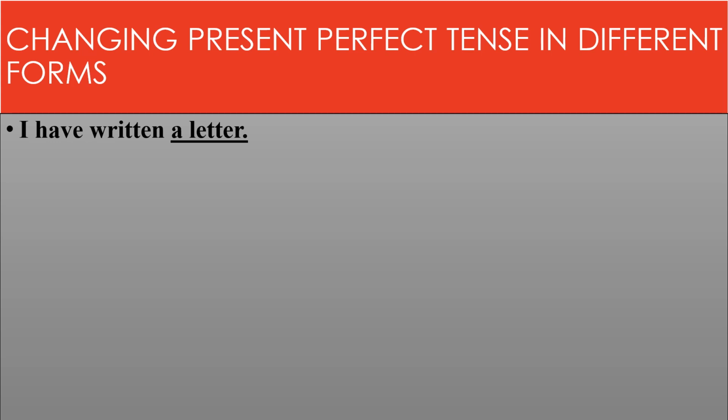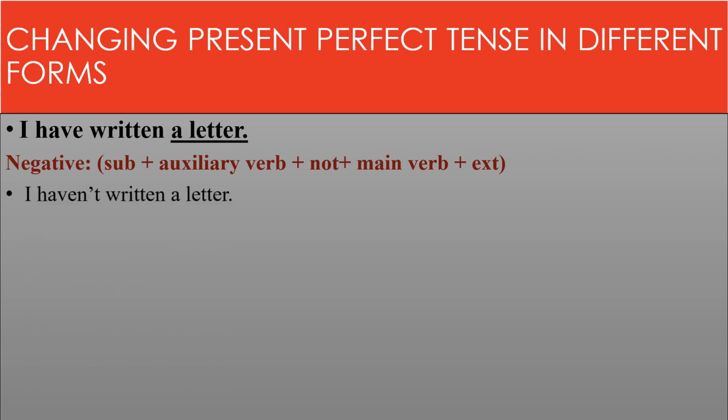First subject, then auxiliary verb, then main verb in past participle form, and object or extension. If you want to make this affirmative sentence negative, you have to follow a structure. The structure is subject plus auxiliary verb plus not plus main verb plus extension. So the sentence becomes: I haven't written a letter.